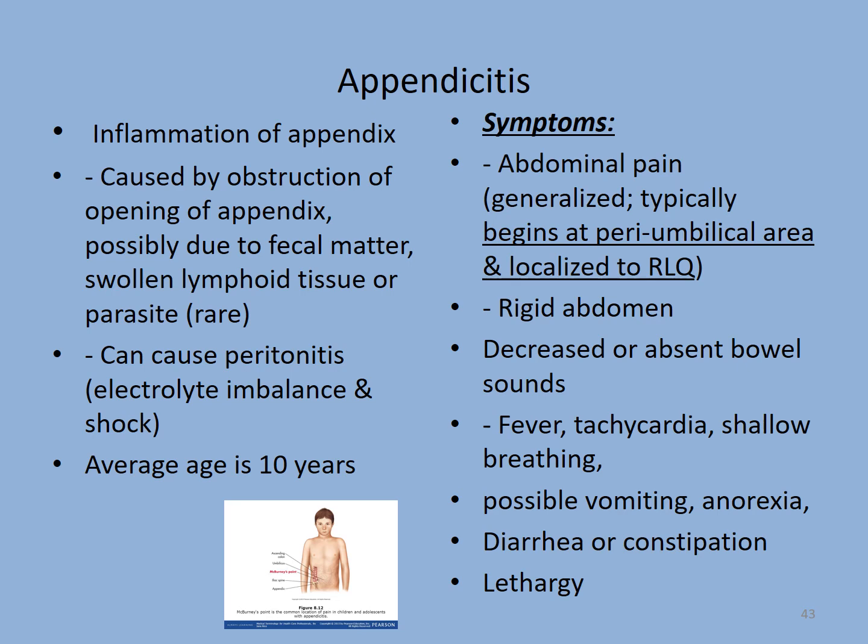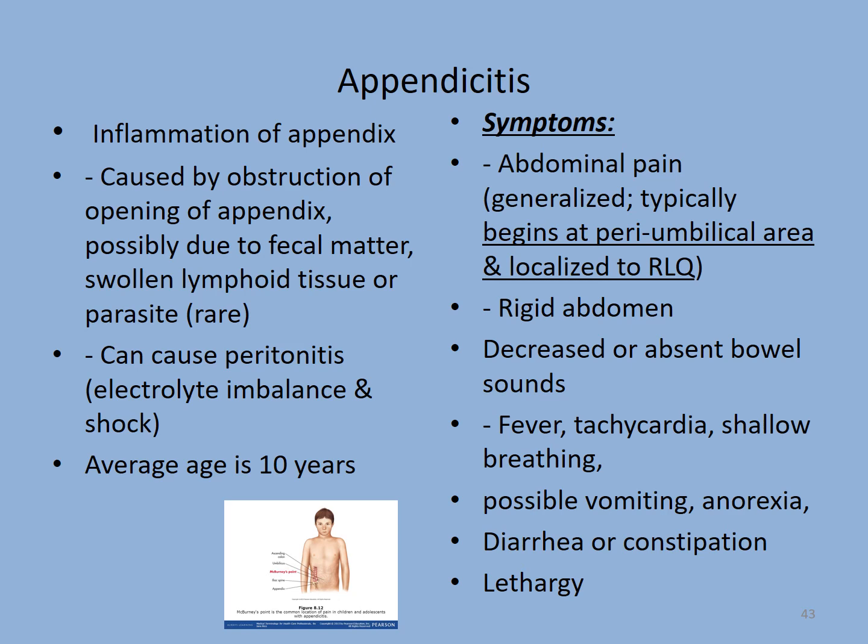The most common age we see it is 10 years old. The child will have severe abdominal pain, and it begins first at the peri-umbilical area, and then it rolls all the way down to the right lower quadrant, which is also called McBurney's point. To feel them, their abdomen is rigid.